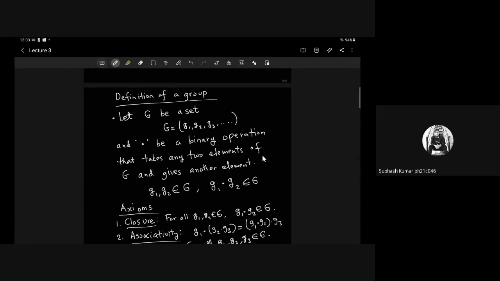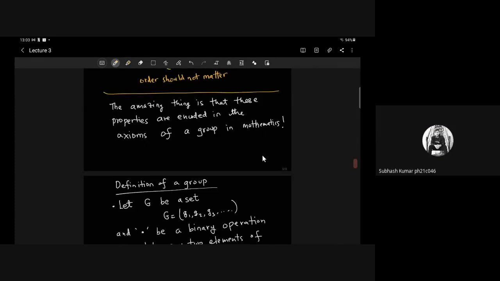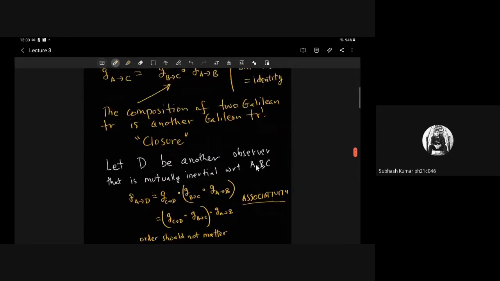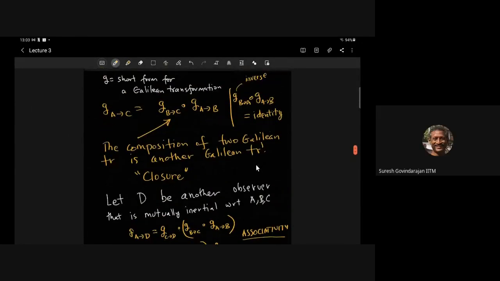There are these maps, G A to B dot G B to A. That's one thing, that's E. And another, G A to D dot G D to A, that's also E. How do they differ?